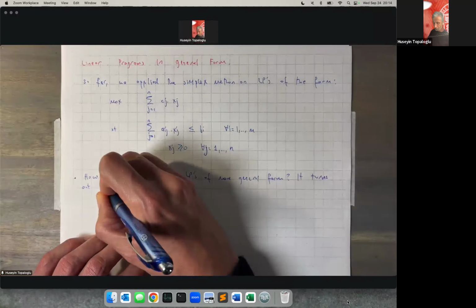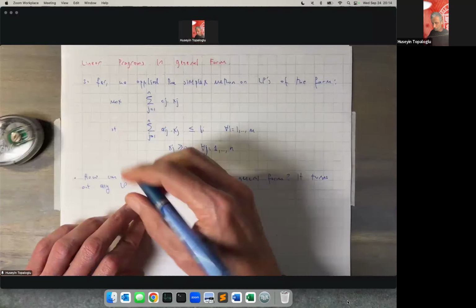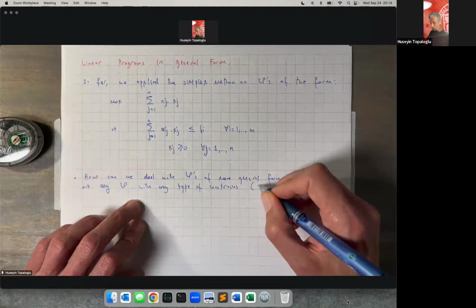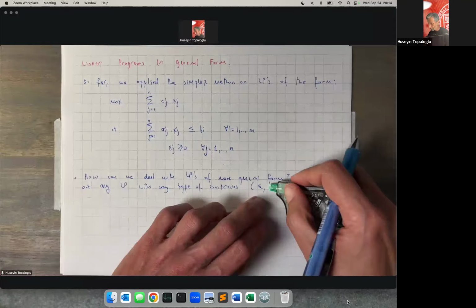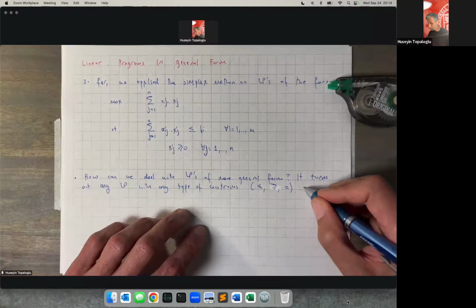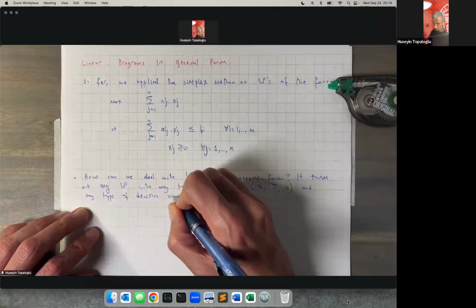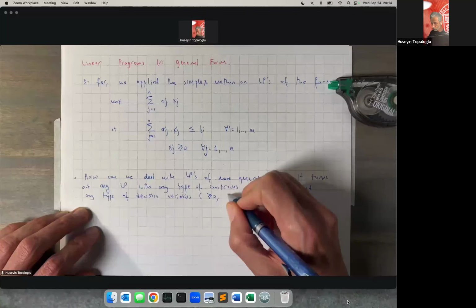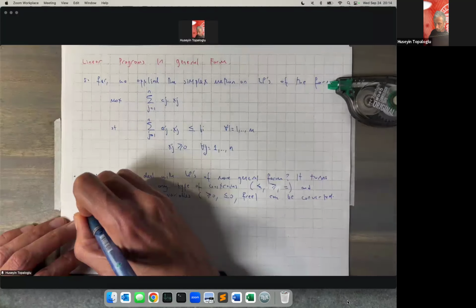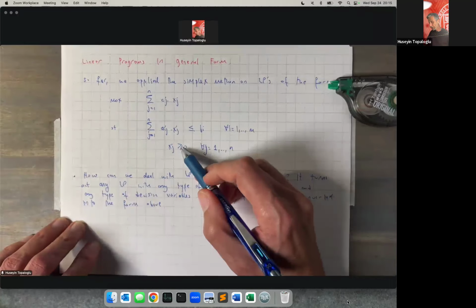It turns out any linear program with any type of constraints, less than or equal to, greater than or equal to, or equality, and any type of decision variables, greater than or equal to 0, less than or equal to 0, or free, can be converted into the form above: maximizing an objective function, all less than or equal to constraints, all greater or equal to 0 decision variables.